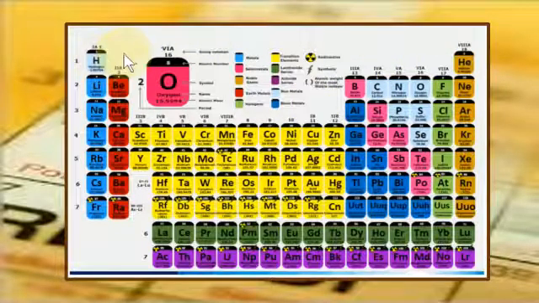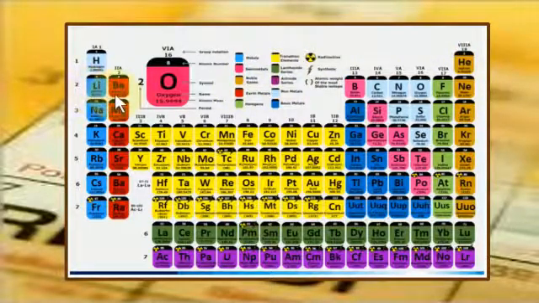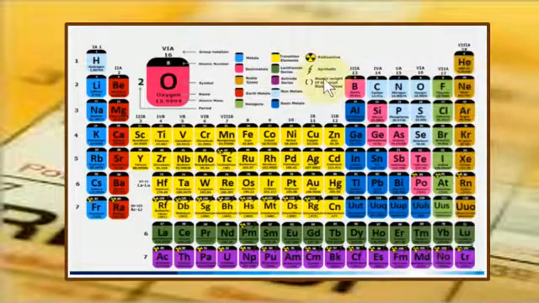Now we move towards another classification after the A block and B block: the other blocks we have studied, the S block and P block. The A groups are divided so that the first 2 groups come into the S block, and 3 to 8 come into the P block.